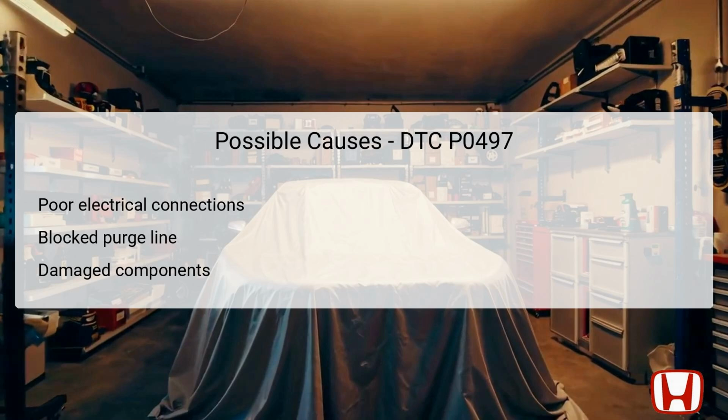Additionally, any damage to the hoses or valves involved can compromise the functioning of the EVAP system. These damaged components include the EVAP canister itself, the purge valve, and associated vacuum hoses. It is essential to inspect these areas carefully because even small faults can lead to significant issues in the EVAP system and affect vehicle performance and emissions.